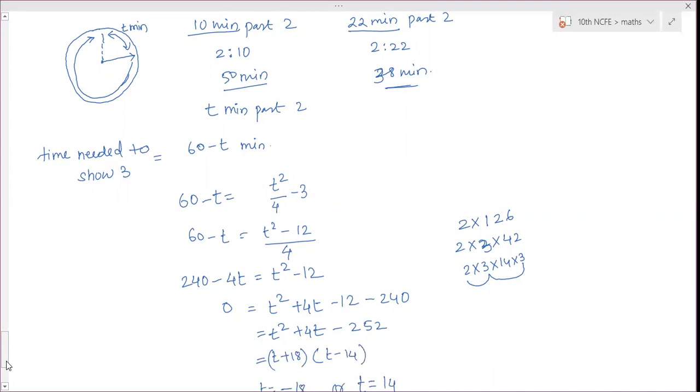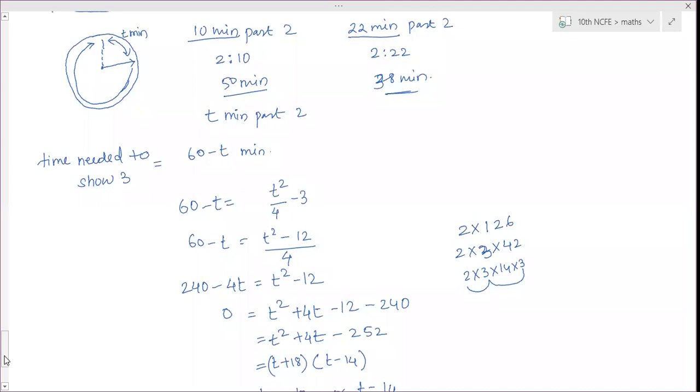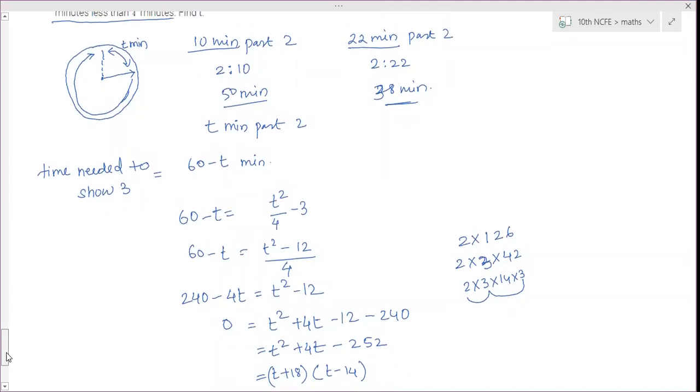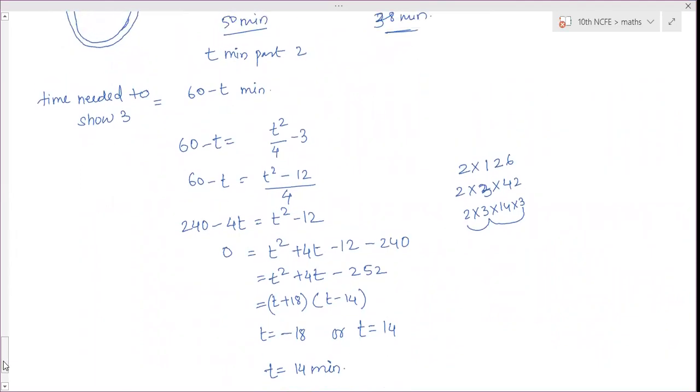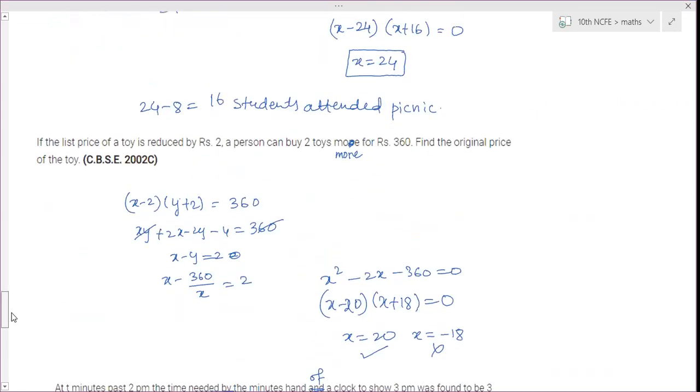The fifth one, if the list price of the toy. Yesterday only we have done, I think, that question. Ma'am, I got disconnected in the last 5-10 minutes. Yes, ma'am. This is the question.